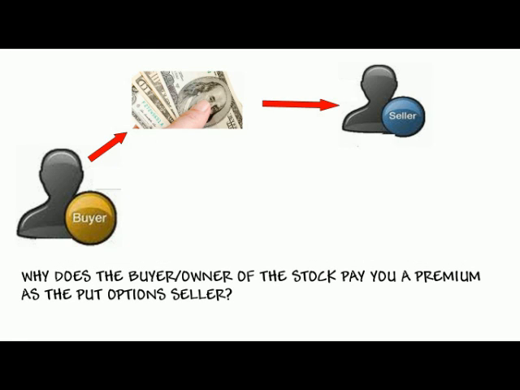So, why does the buyer or the owner of a stock pay you a premium as a put option seller? Why? Because remember, in the beginning of this whole discussion, I immediately said the reason why I like selling put options is because I collect a premium, a credit, instantly.